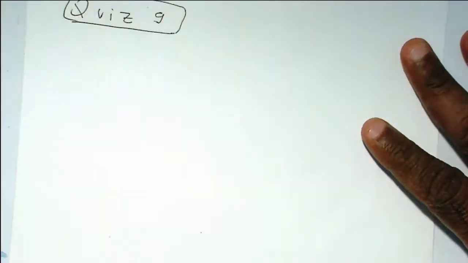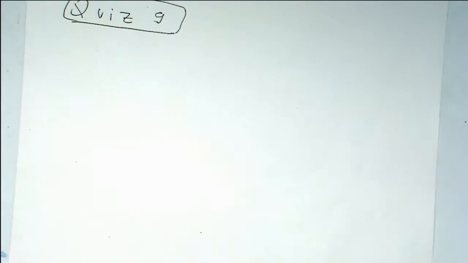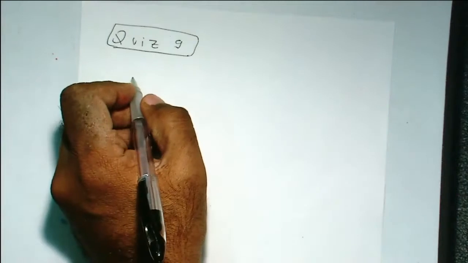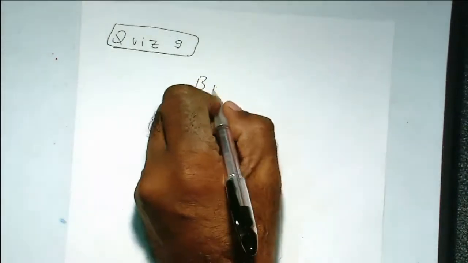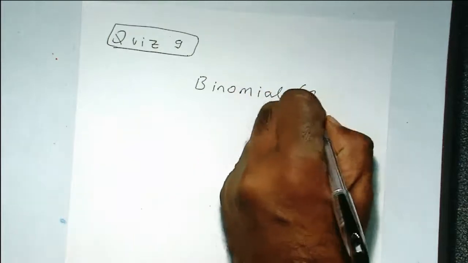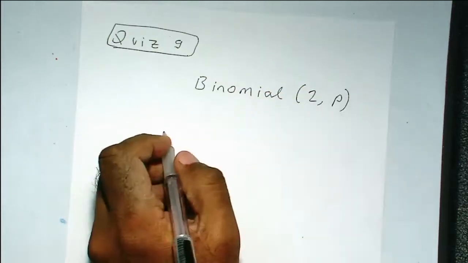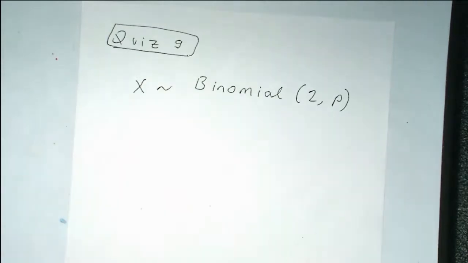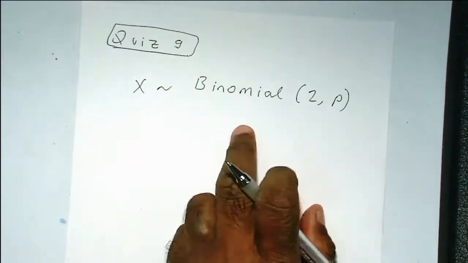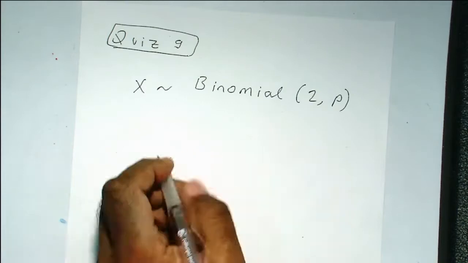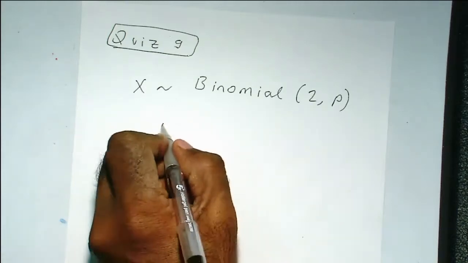because some of you guys asked me about the variable X with a binomial distribution with parameters 2 and p. If you have a variable that has a binomial distribution 2 and p, what are the possible values it can take?